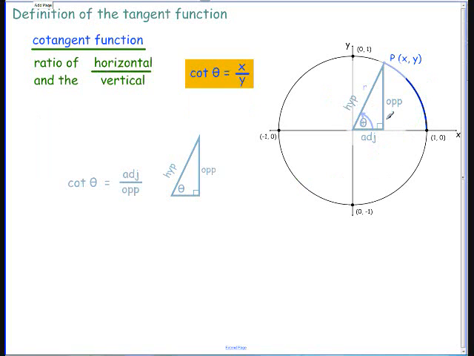And for cotangent, in this one, we have an asymptote wherever y is equal to 0. So we're seeing cycling, and it's going in the opposite direction, from very high to very low, happening twice in a full rotation.